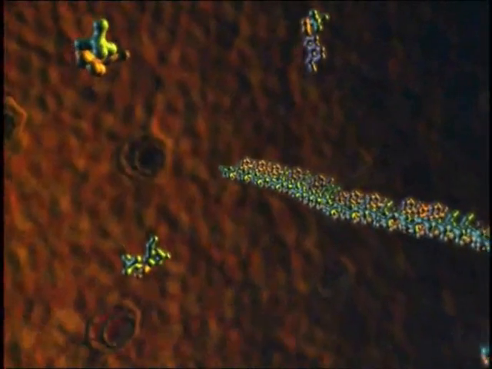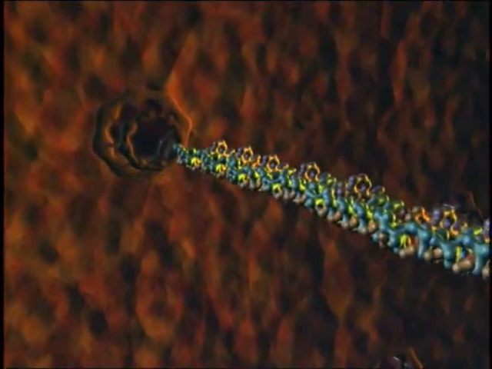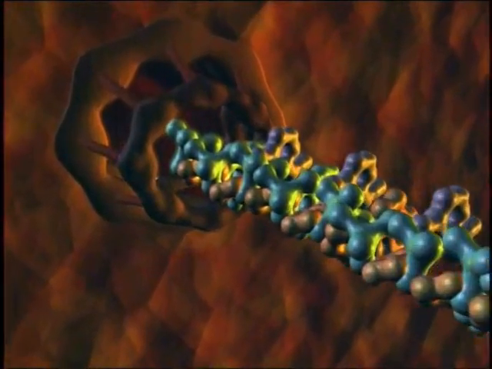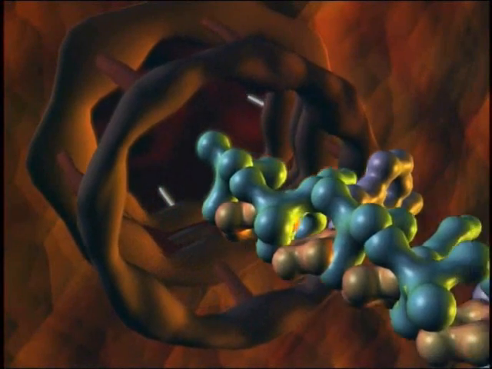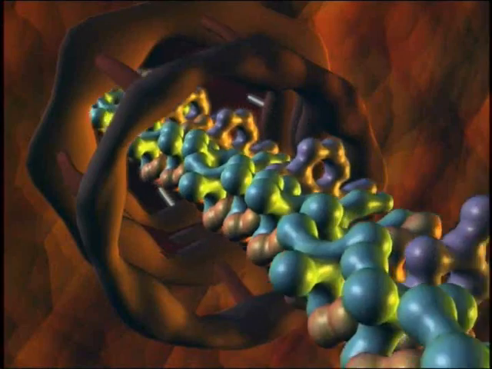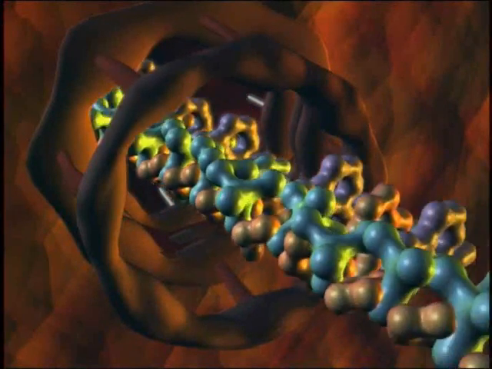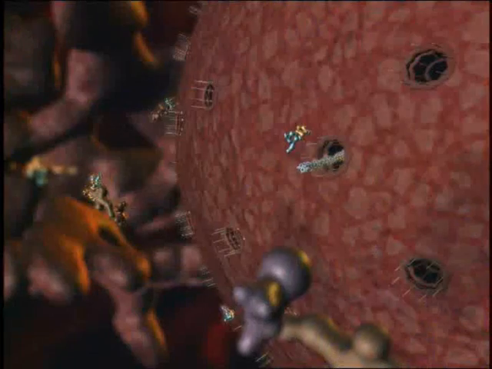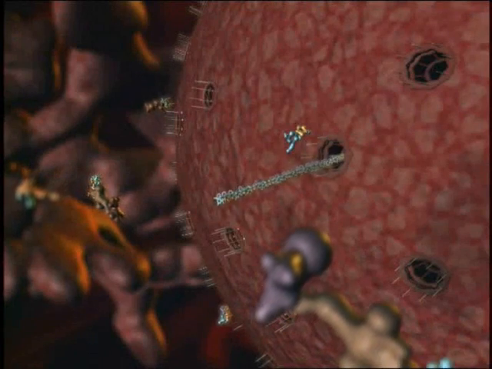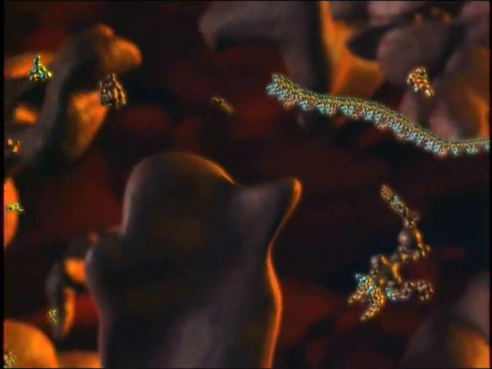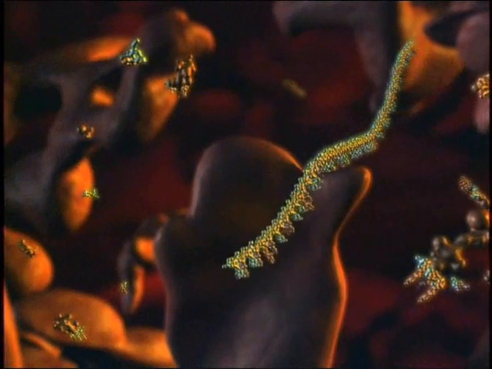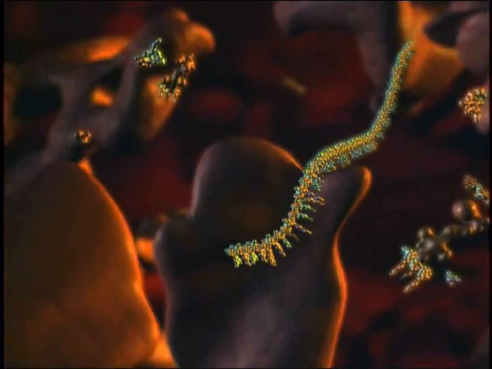When transcription is complete, the slender RNA strand carries the genetic information through the nuclear pore complex, the gatekeeper for traffic in and out of the cell nucleus. The messenger RNA strand is directed to a two-part molecular factory called a ribosome.